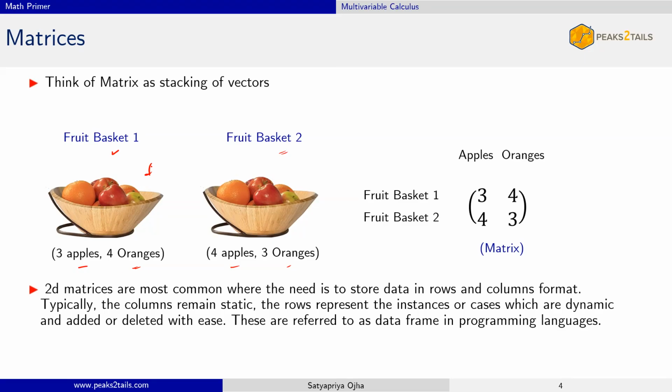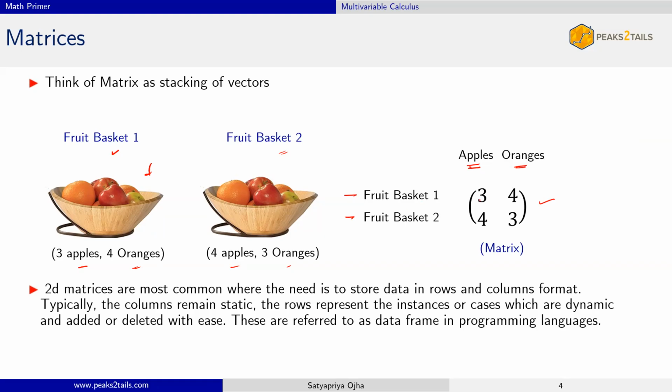Okay. Now, matrix is basically if you stack multiple vectors together. Okay. Look at this notation. So for example, we can have columns as the type of fruit, apple column, orange column, and then rows are the different records or instances or examples. Okay.